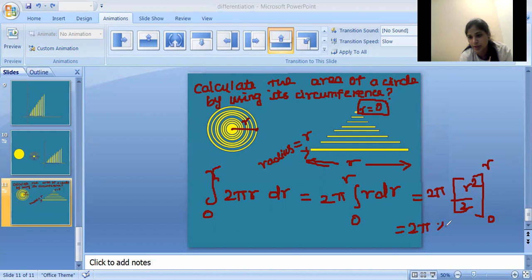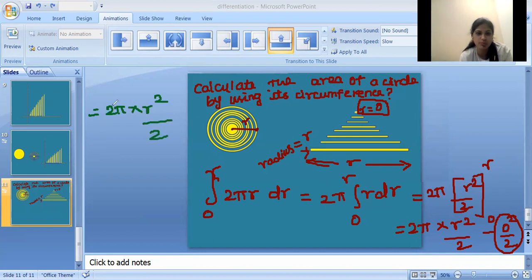It's going to be 2 pi into r square divided by 2 minus 0 square divided by 2. So this part is going to be 0 only. You can ignore that. I'm writing the remaining steps over here. So it's going to be 2 pi times r square upon 2. So now I can cancel out this 2 and this 2. I got the result as pi r square.